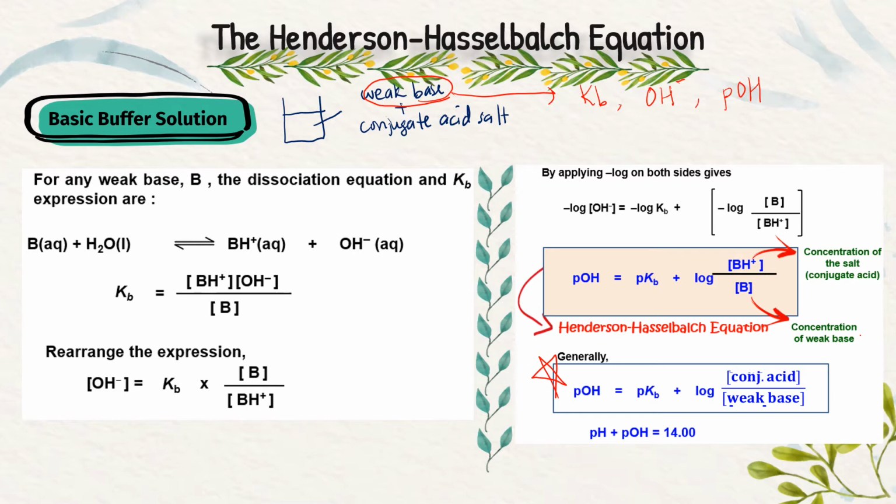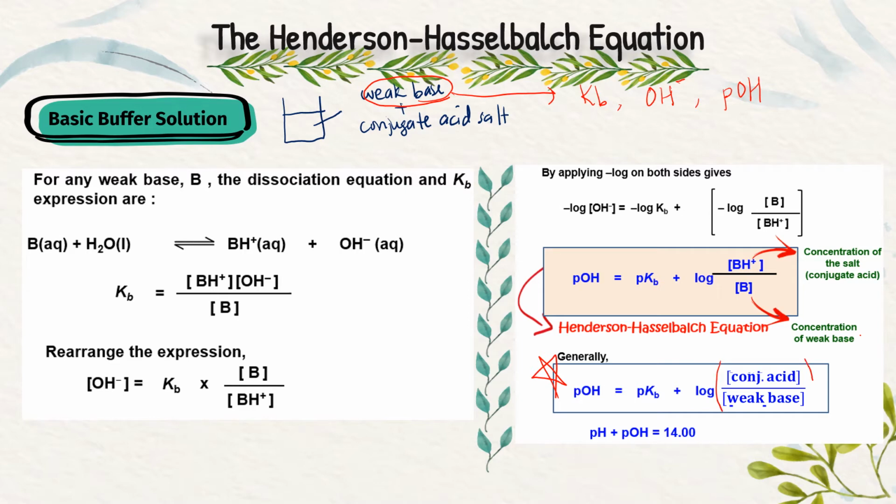When you have an acidic buffer, equation yang awak akan guna adalah pH equals pKa plus log concentration of conjugate base over weak acid. And if you have a basic buffer solution, the Henderson-Hasselbalch equation that you're going to use is pOH equals pKb plus log concentration of conjugate acid over concentration of the weak base.